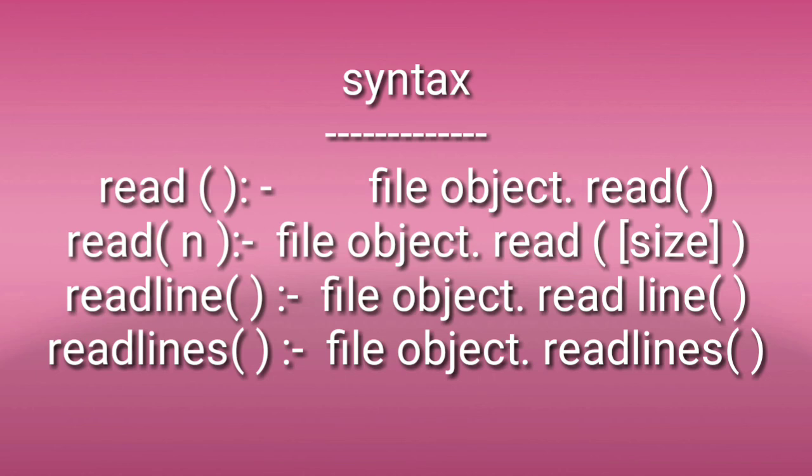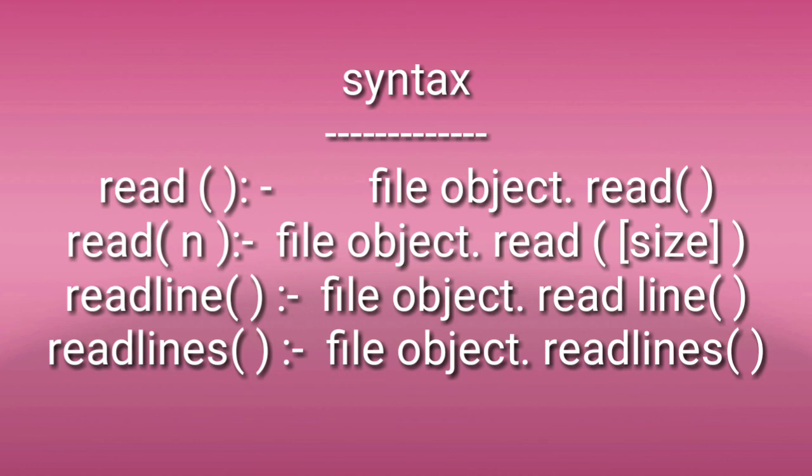Next we are going to discuss different syntaxes related to this reading operation. We already discussed how to read data from a file, and the different operations: read with n characters, readline, readlines. What is the purpose of read? It is used to read the entire data from the file. For this you can use file object dot read.